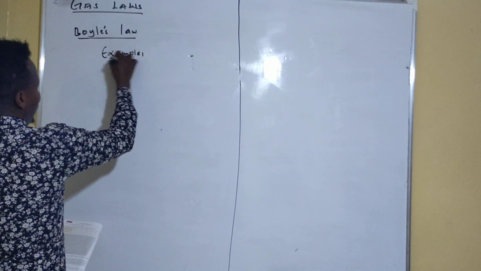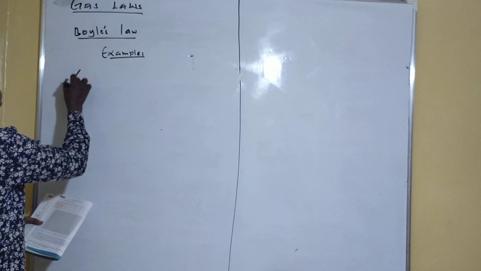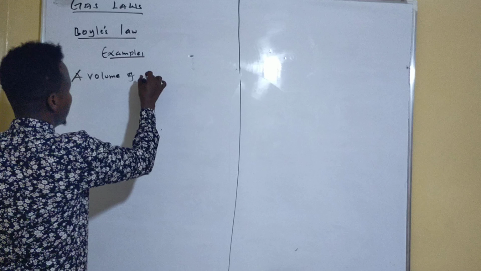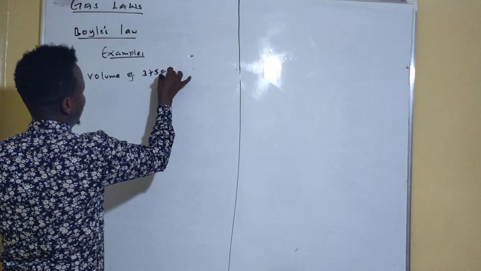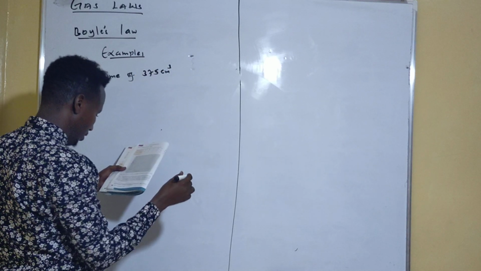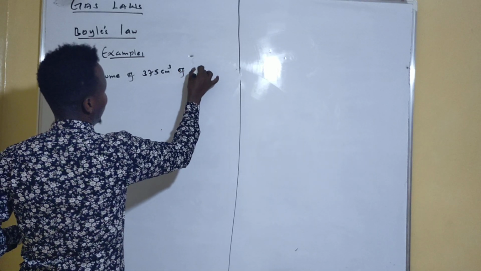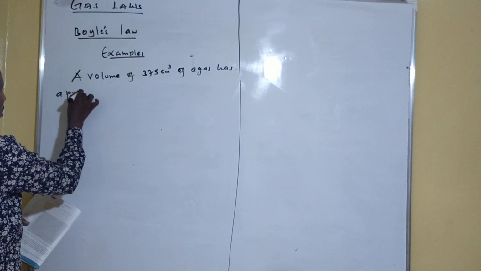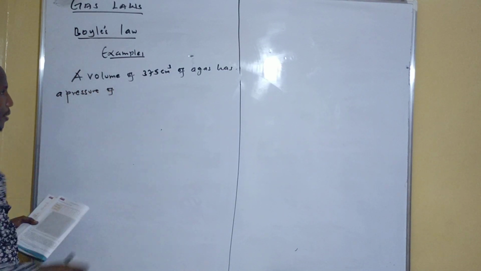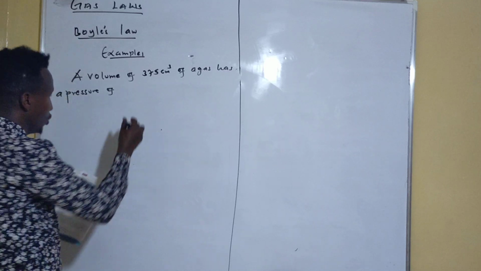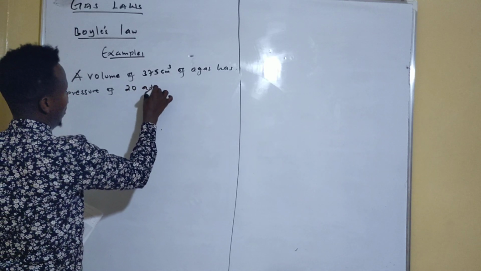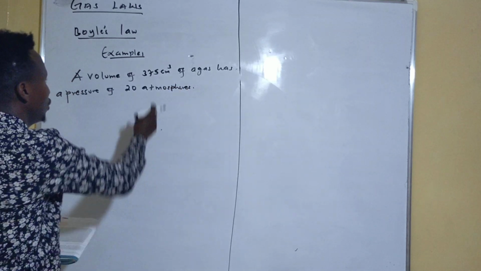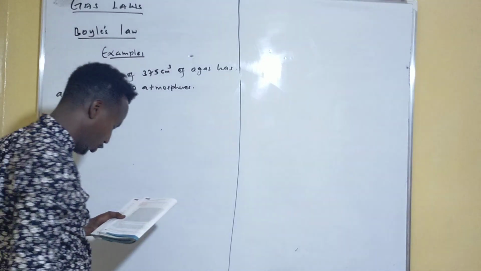Let's see example 1. You are told a volume of 375 centimeter cubed of a gas has a pressure of 20 atmosphere. Full stop. So this is volume 1, this is pressure 1, don't forget that.